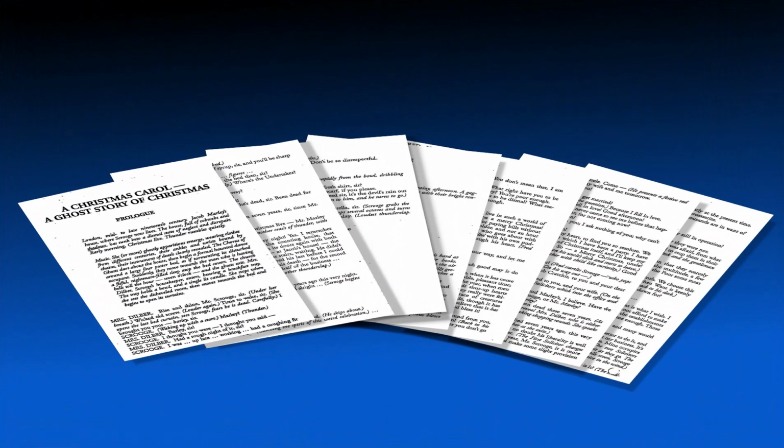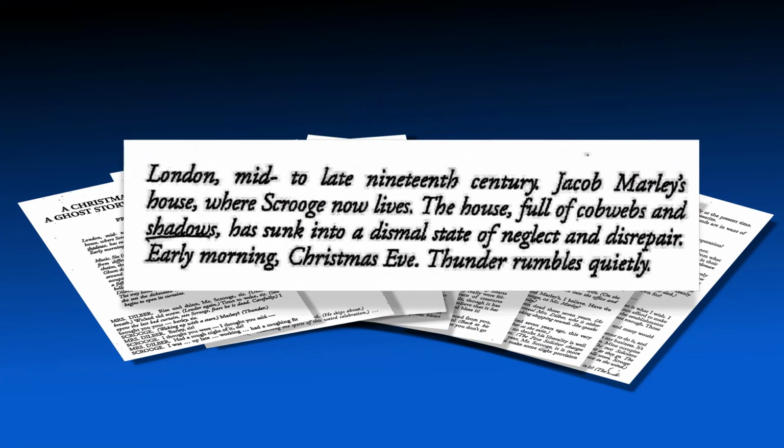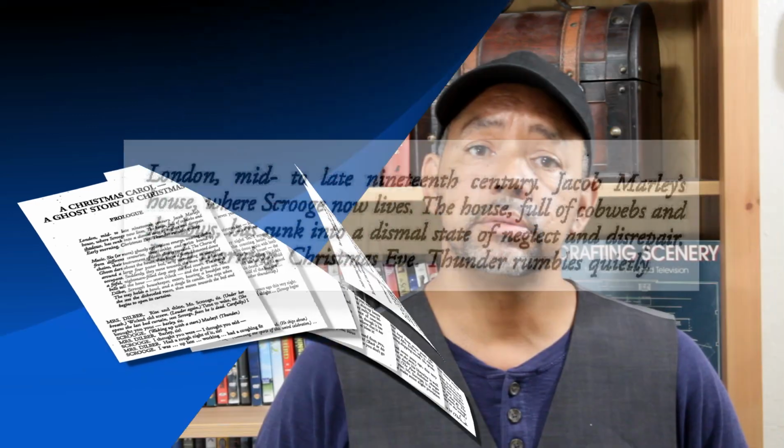The other way is where you have to go through the script to get the information page by page. Take, for example, Christmas Carol, A Ghost Story of Christmas. Here it is up to the reader to discern the necessary scenic information through the italicized text in the script.